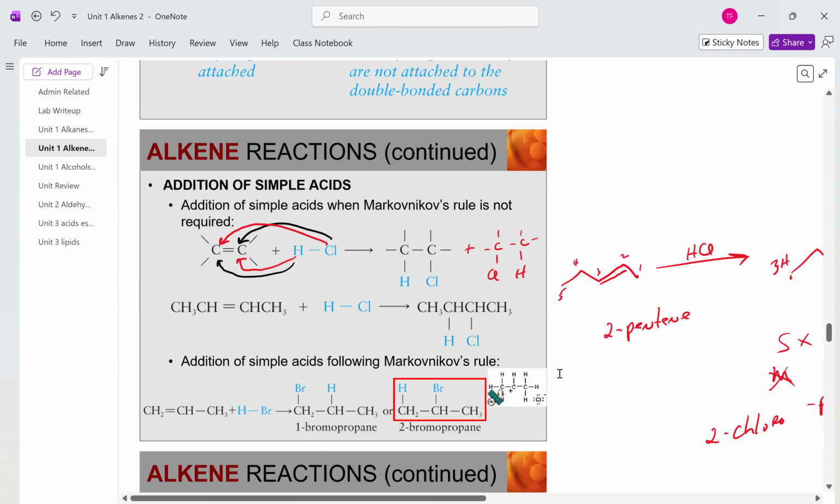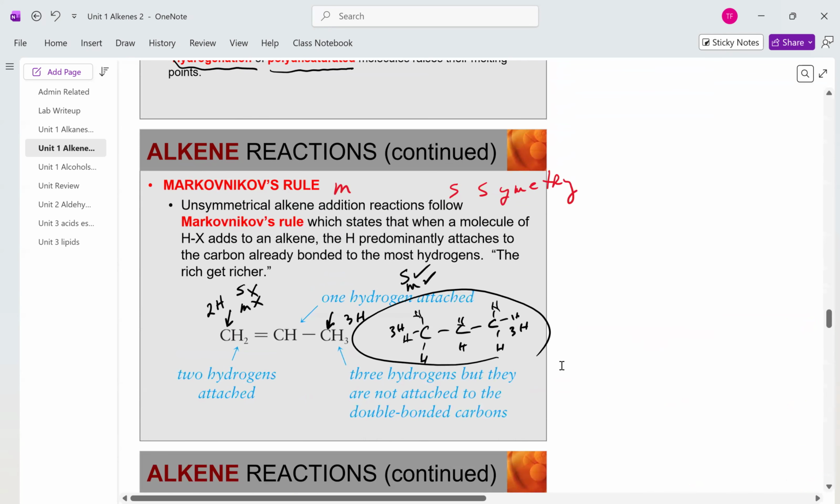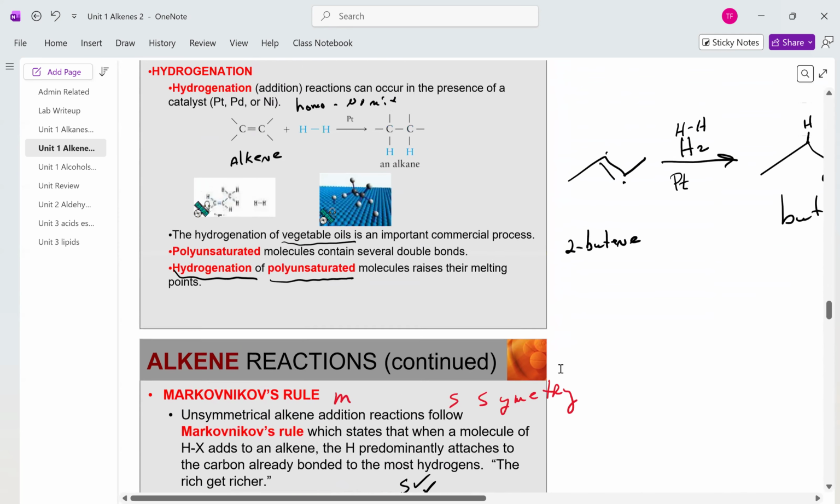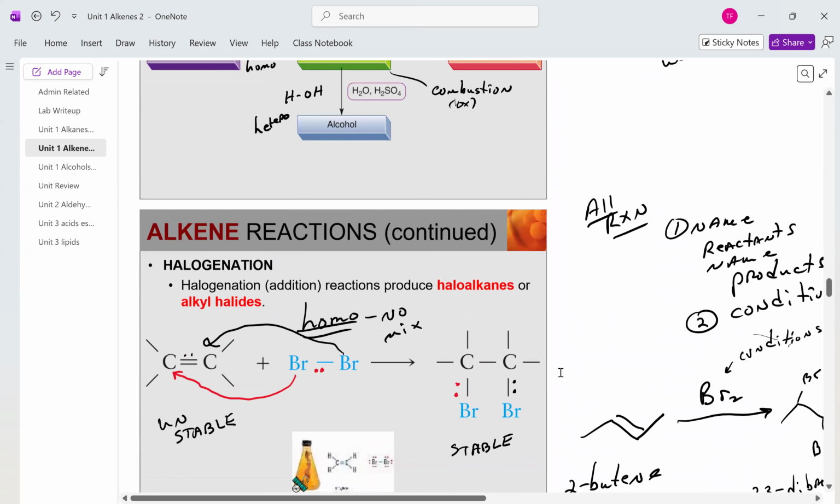And these you need to practice a lot. That's why the Unit 1 dry lab worksheets are really valuable. You're going to be practicing alkenes and alkanes, and then also alcohols. We haven't talked about alcohols yet. Okay, are there any general questions about alkenes besides being harder than alkanes?